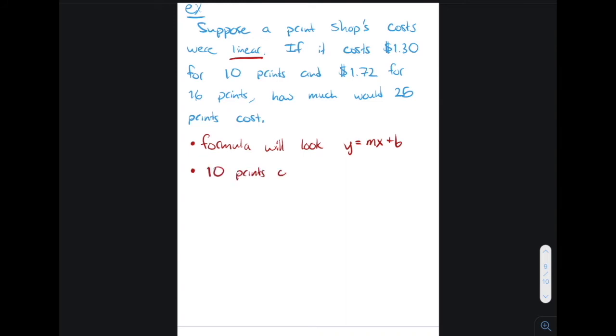We can also identify some of the information, namely that 10 prints costs $1.30, to mean that our function would go through the point 10, comma 1.3, and we could similarly get the point 16, comma 1.72 by using that other piece of information. To find m, we might recall that m is slope, so we can calculate the change in the cost divided by the change in the number of prints.